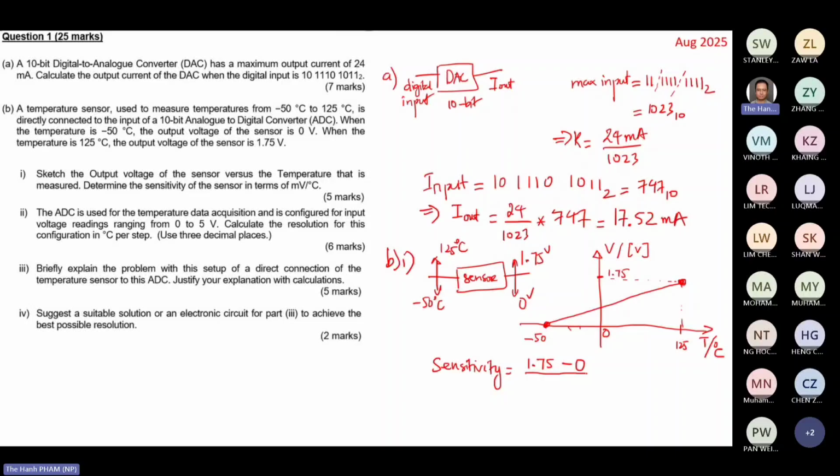And what is the change in the temperature? Minus 50 to 125. This one you have 1.75 divided by 175. Then they ask for millivolt, right? So 100. So is it 1 millivolt per degree Celsius, right?